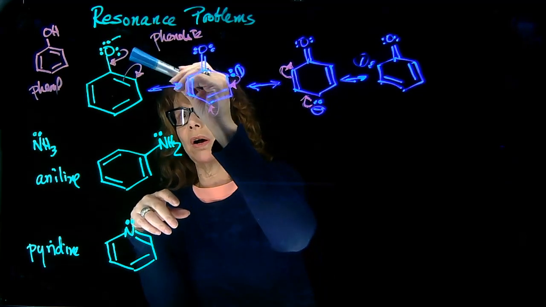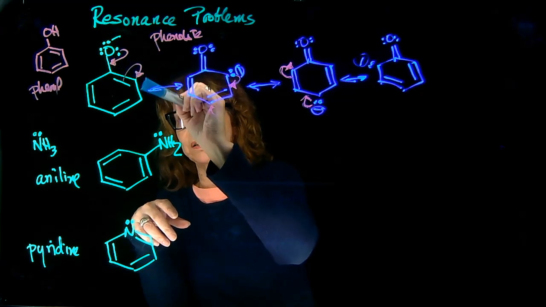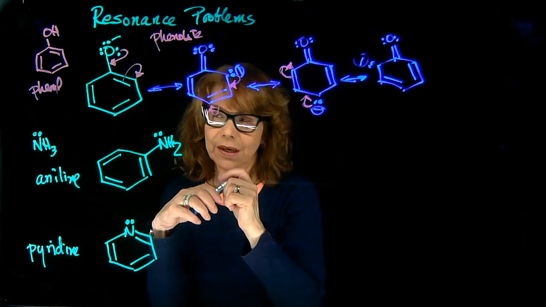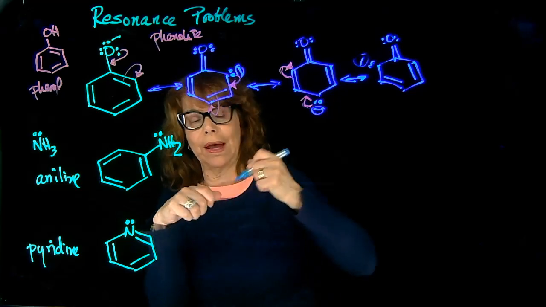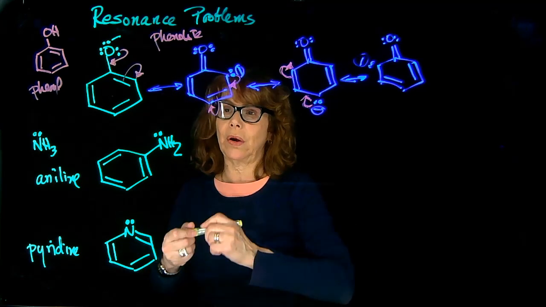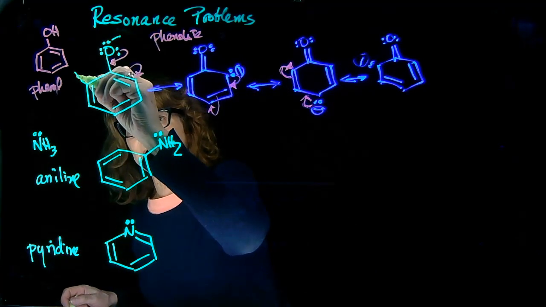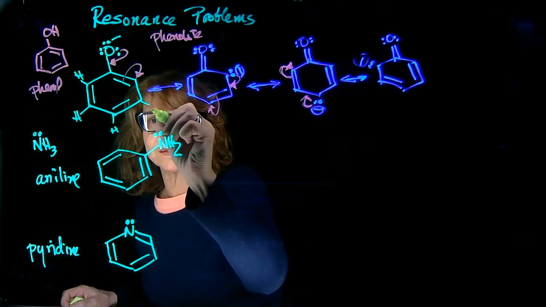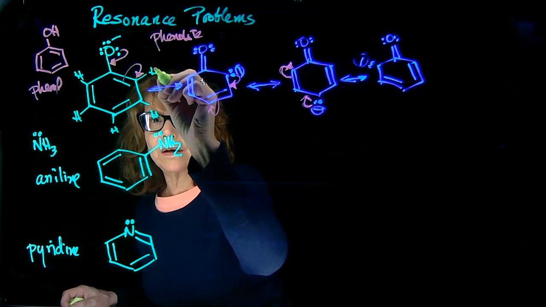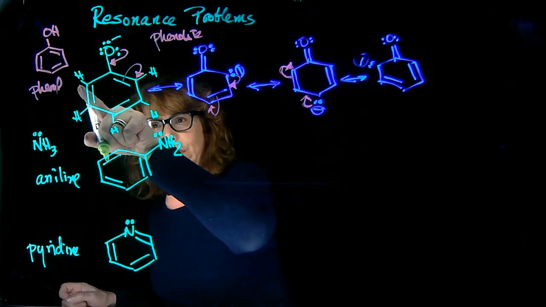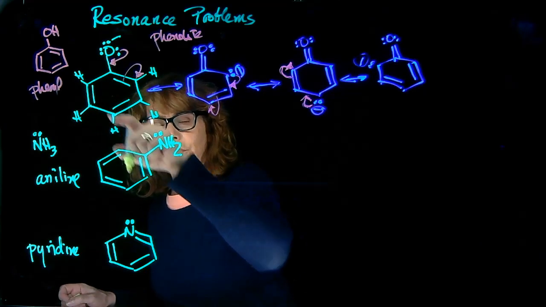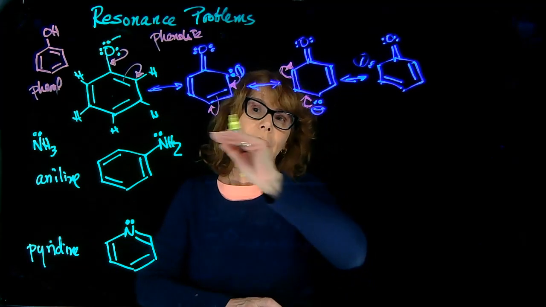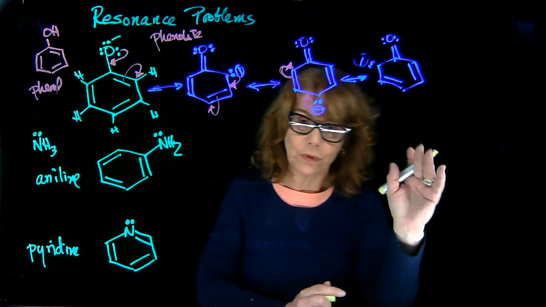So we have 8 electrons surrounding the oxygen and 8 on each of the carbons. Remember that this is true because you have H's all over here. If you count the bonds for each carbon, say we grab this one, 1, 2, 3, 4 bonds. So the octet is complete in all of the structures.